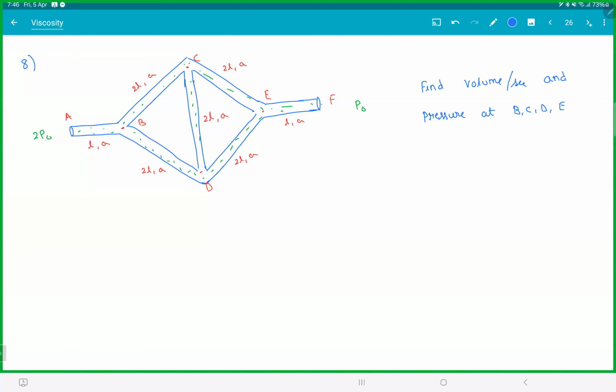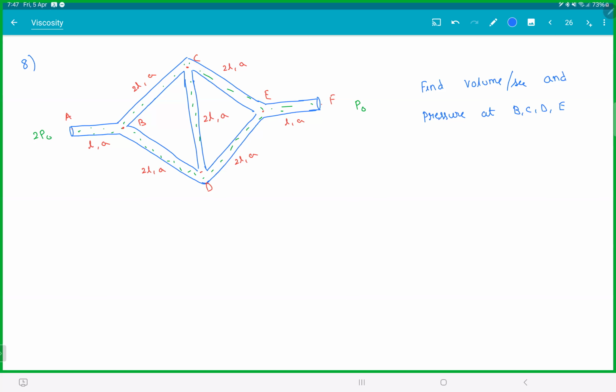Get this, Wheatstone bridge. Volume flow is P naught by 4R.